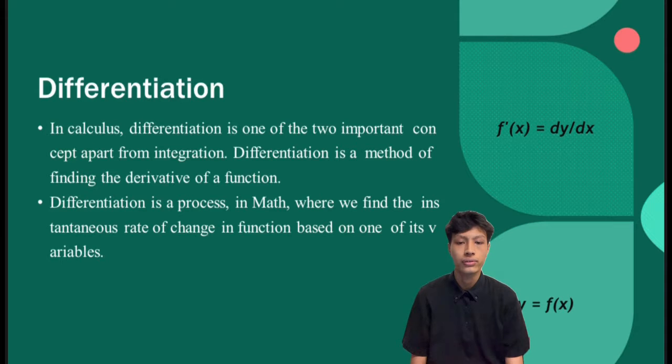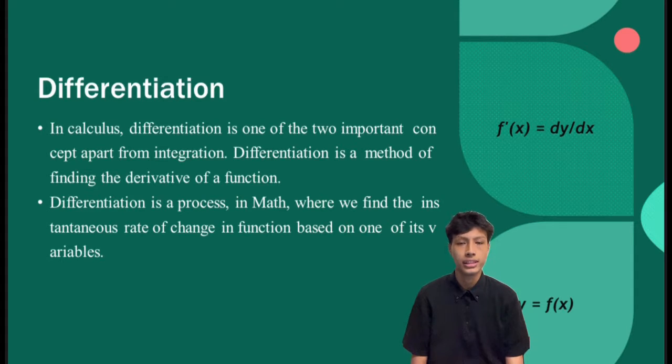of its variables. Third, if x is a variable and y is another variable, then the rate of change of x with respect to y is given by dy over dx.